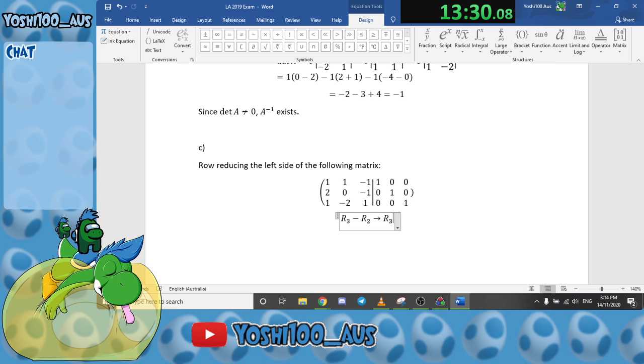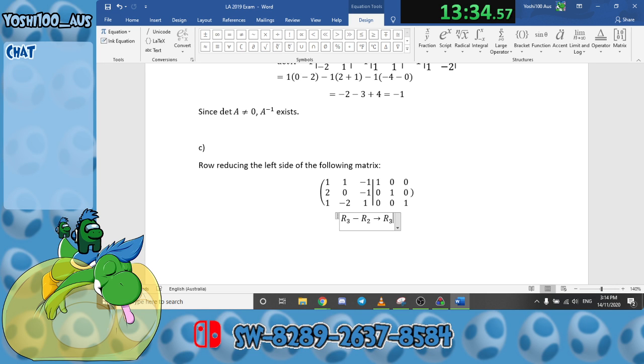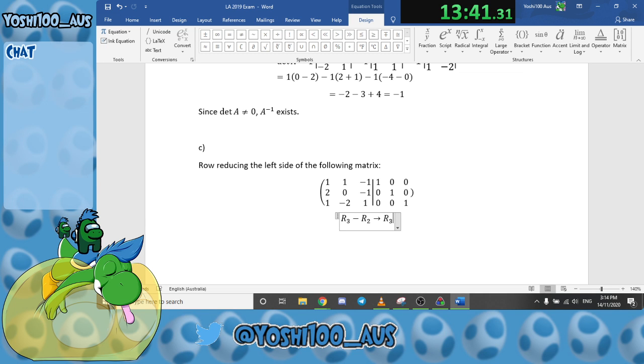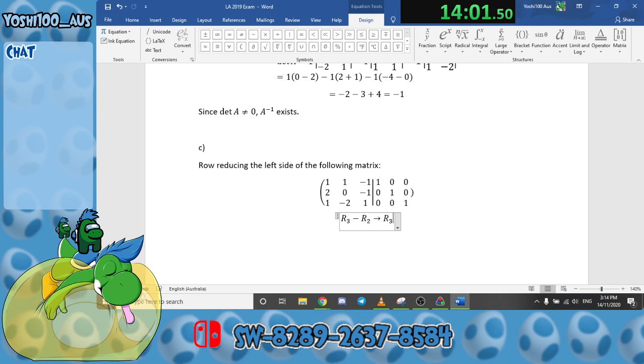That'll give us a simpler second row, I think. Right, so we go 1, 1, minus 1. 0, minus 3, 2 at the bottom there. 1, minus 1, 0. Okay. I think that's easier to work with now.